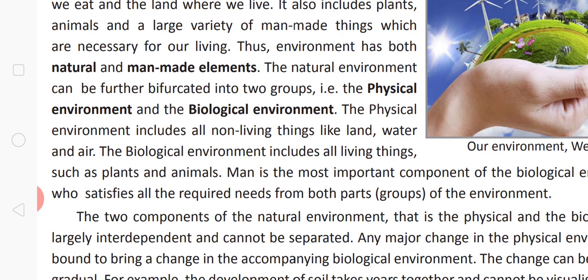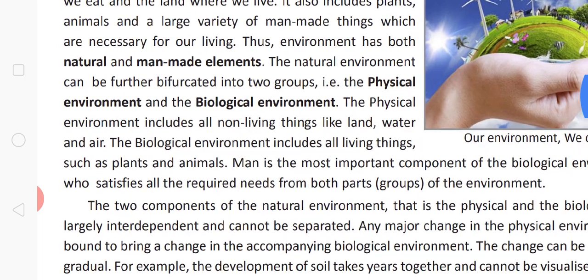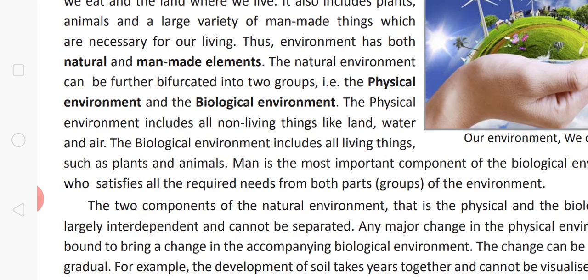Again here we have to know what is the meaning of physical environment and what is biological environment. So here the physical environment includes all non-living things. I am repeating, the physical environment includes all non-living things like land, water and air. And biological means, bio means life.